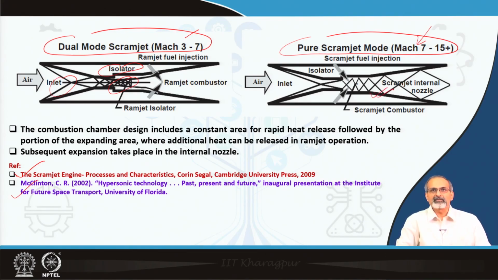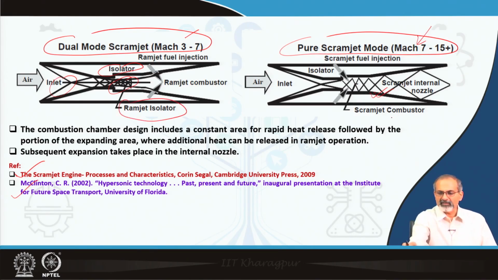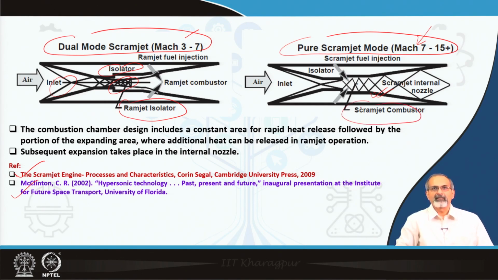So, the configurations differ between the two Mach number ranges, and thereby you have the ramjet isolator in the lower Mach number range and the scramjet isolator configuration on the right hand side figure.